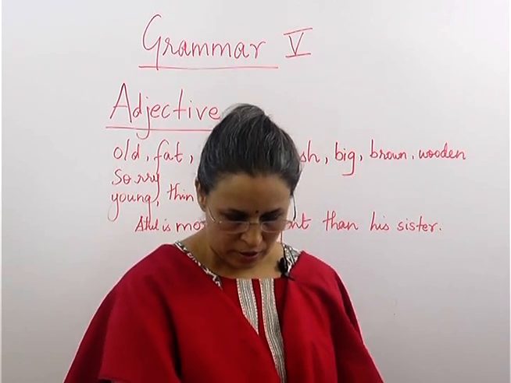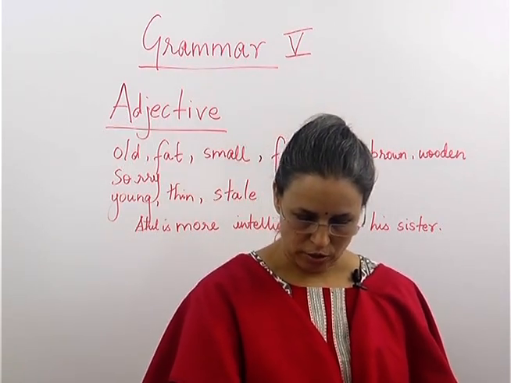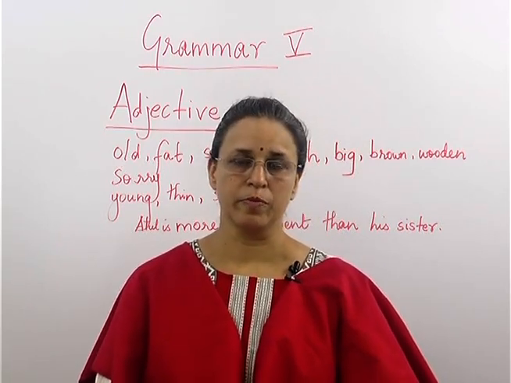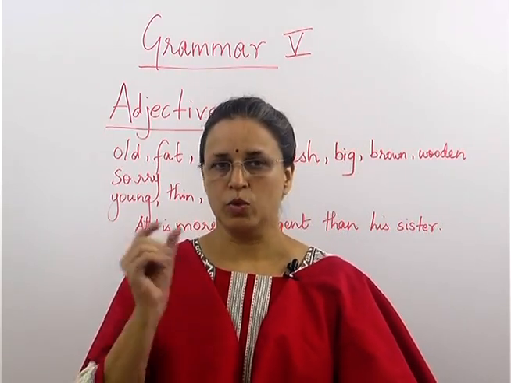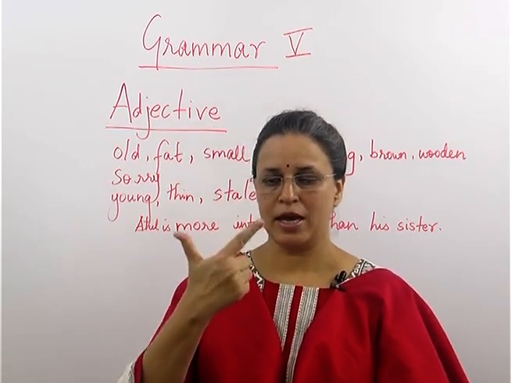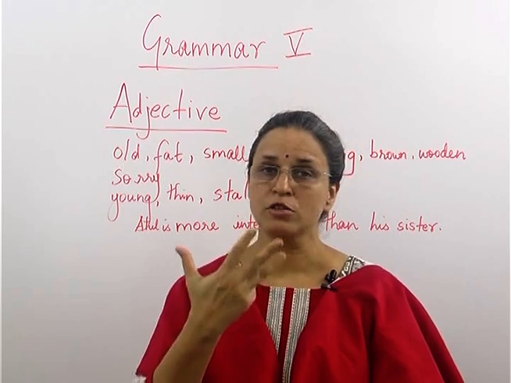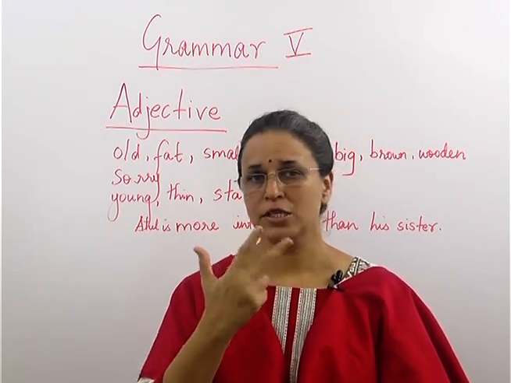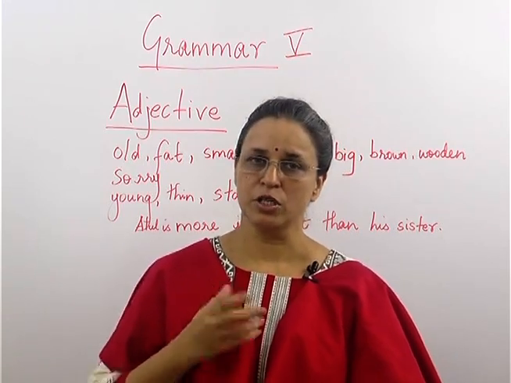If the adjective is short with only one or two syllables, now first understand what is a syllable. We split words even for spellings and all. For example, intelligent, so it has 4 syllables. Beautiful has 3 syllables. These type of words are big.